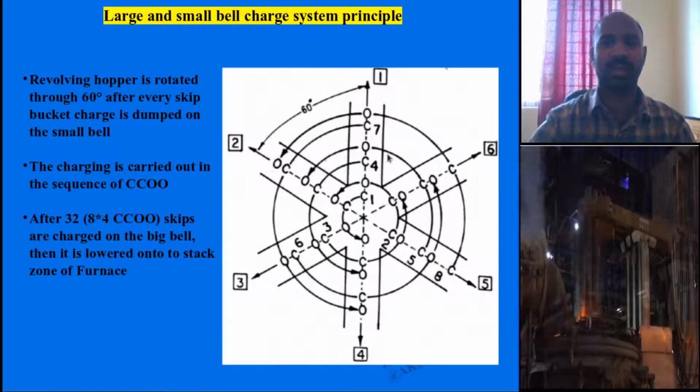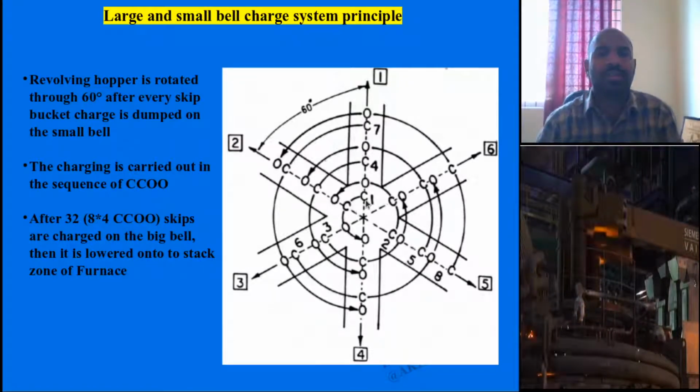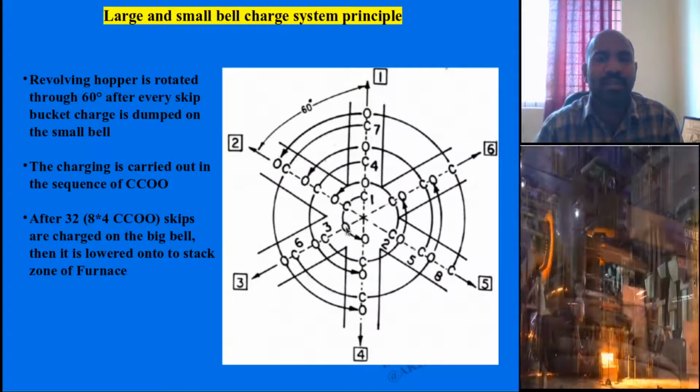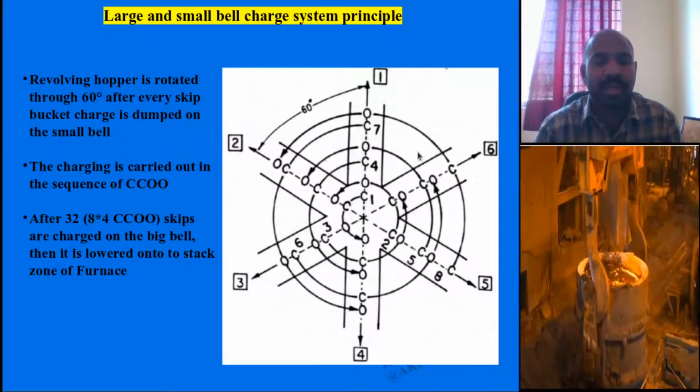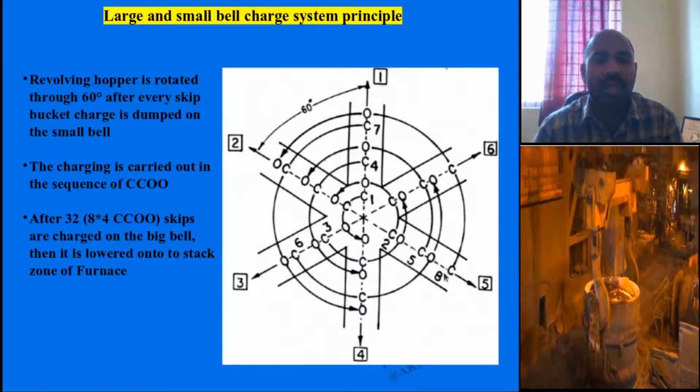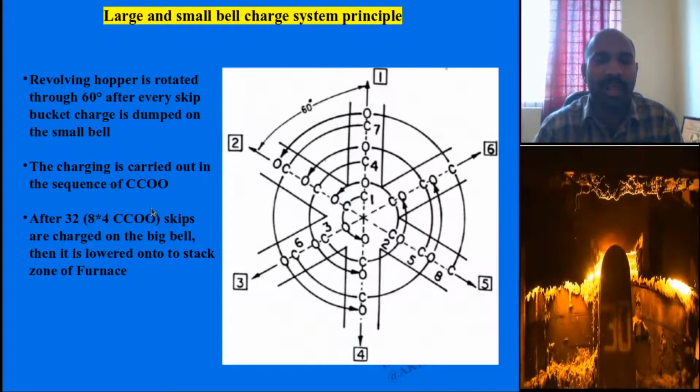From that you again rotate the small bell so that it falls continuously into the large bell. Finally, after these complete steps are finished, 8 steps, 8 into 4 skip buckets is 32.